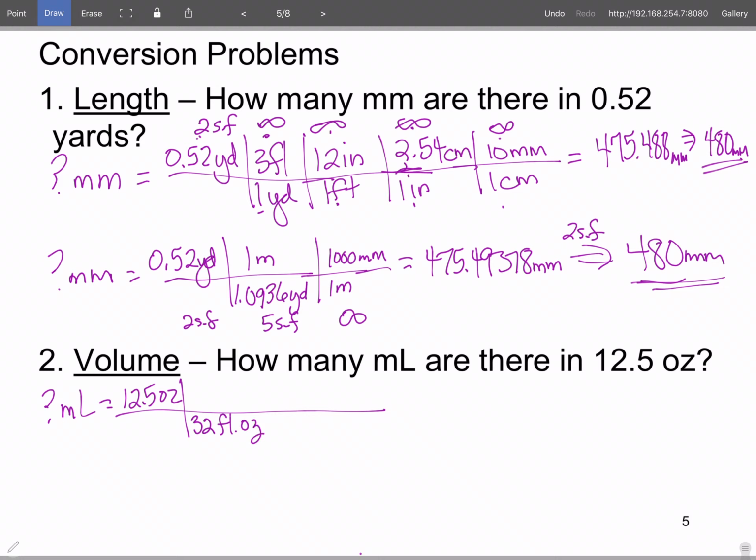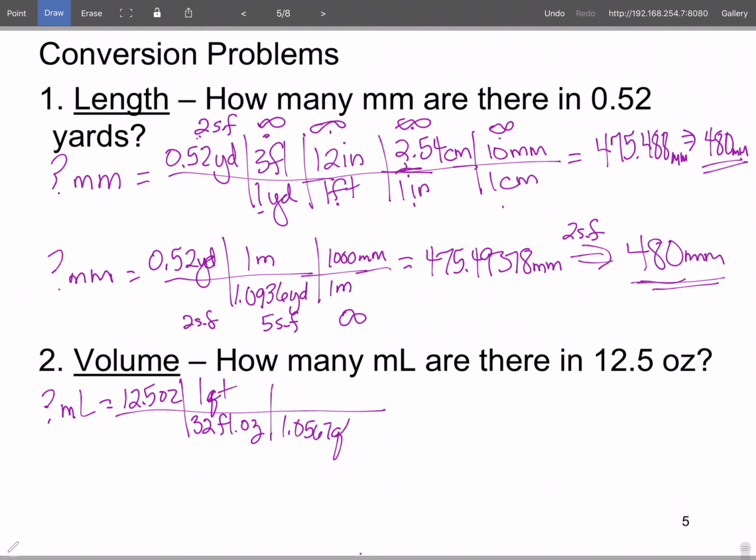And the ounces are annoying because you have fluid ounces, you have weight ounces, you have a jewelry ounce, a troy ounce, which is in jewelry. So it kind of makes you crazy. So be careful of your ounces. That's 1 quart.